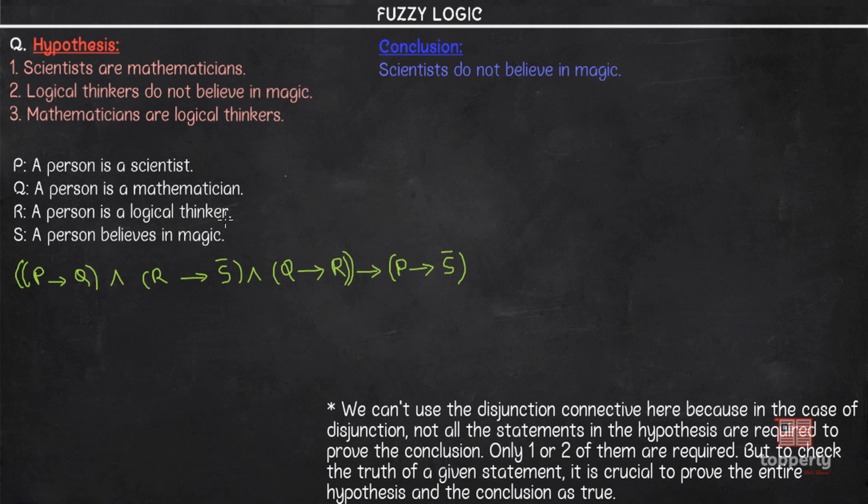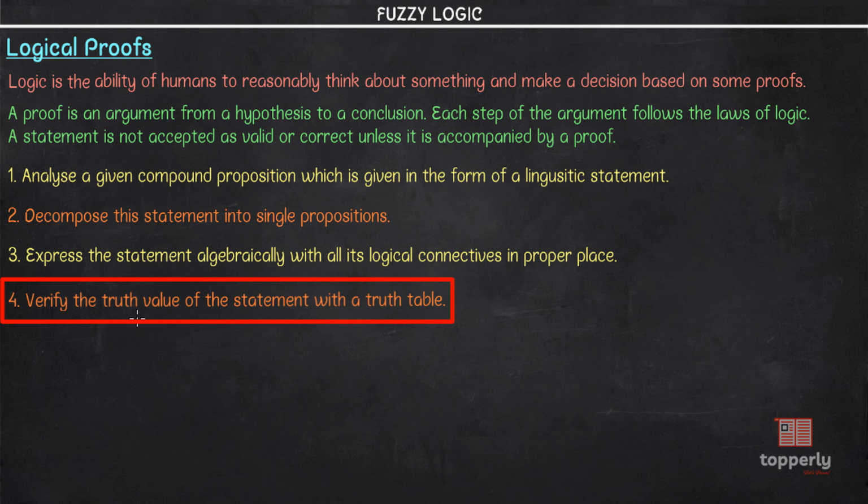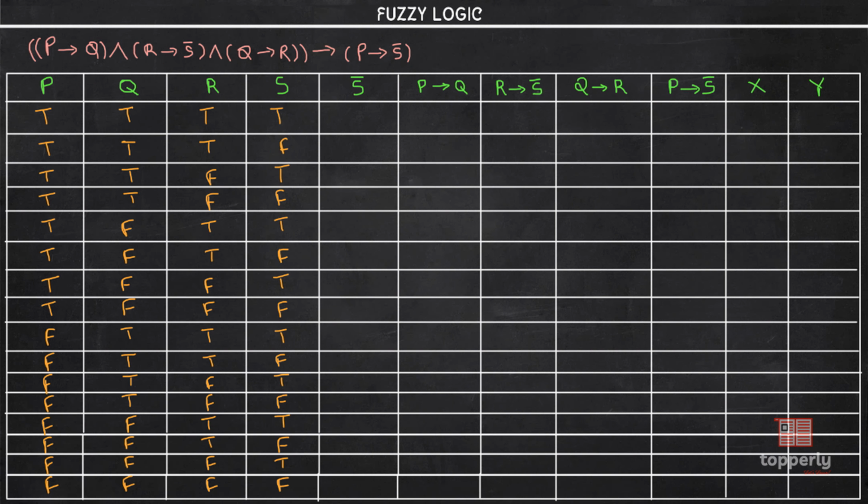And that is why we are considering the conjunction connective. Now the next step is to verify the truth value of the statement with a truth table. So let us verify the truth value of this expression with the help of a truth table. And then we can prove whether a given statement is true or false.